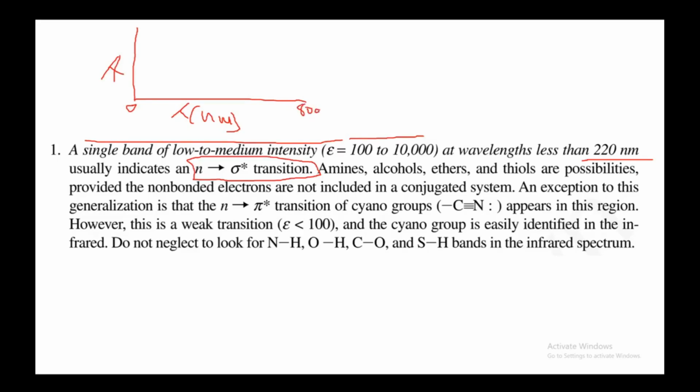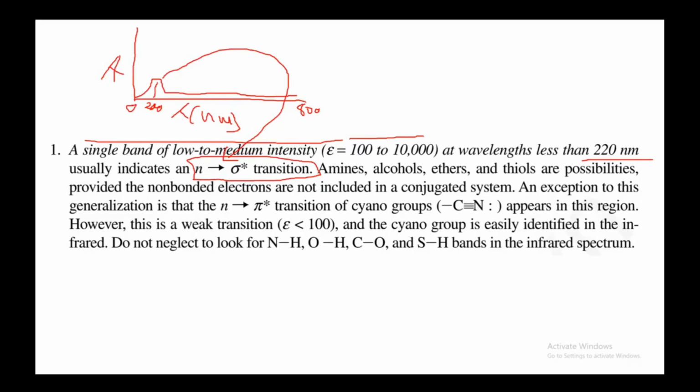So if you see a peak, so this is the spectrum, and if you see a low to medium intensity peak like this one, and this is at 200, let's say, suppose, that means that this peak is due to the n to sigma star transition because of its low or medium intensity, and the second indication is that it appears at less than 220 nanometers.